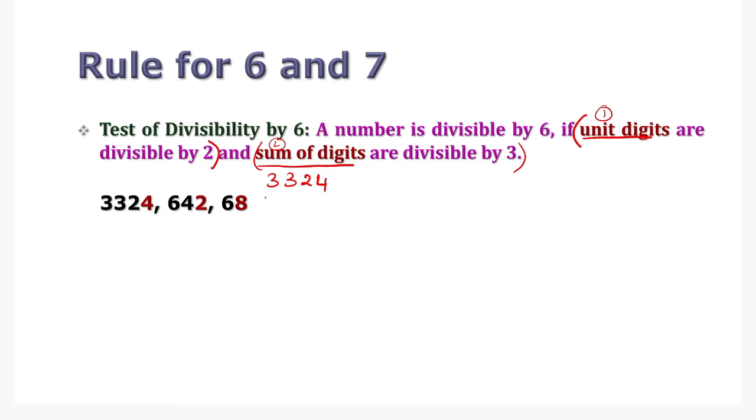3324. As per our first condition, the unit digit should be divisible by 2, so we have a 4 in the units place, so 4 divided by 2 is equal to 2. Yes, the first condition is satisfied. Then our second condition is that the sum of the digits is divisible by 3. So 3 plus 3 plus 2 plus 4 is equal to 12.